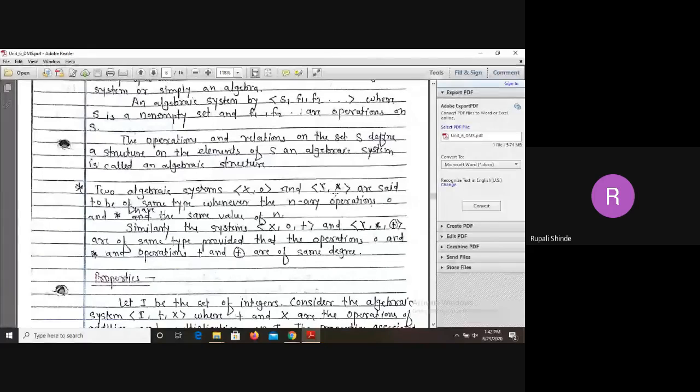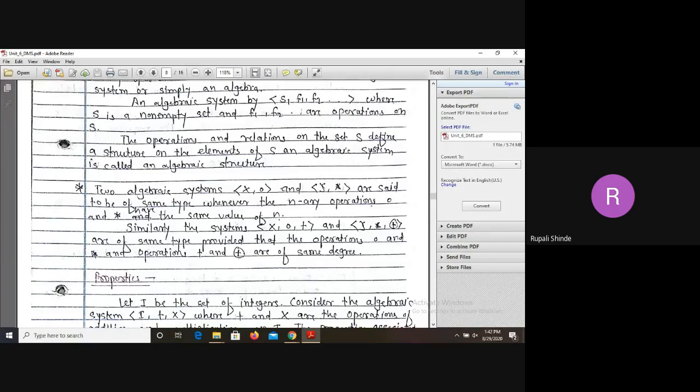These two algebraic systems are said to be of the same type whenever the n-ary operations, this composition and star, have the same value of n.